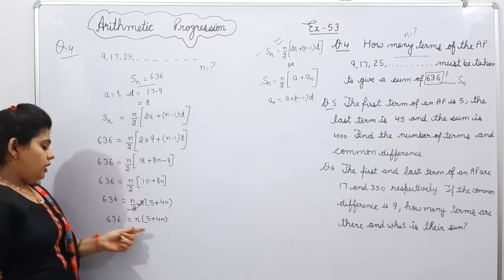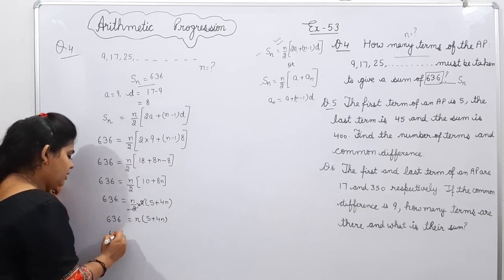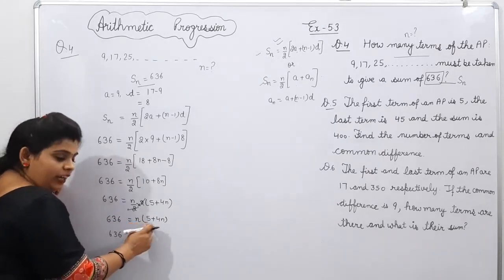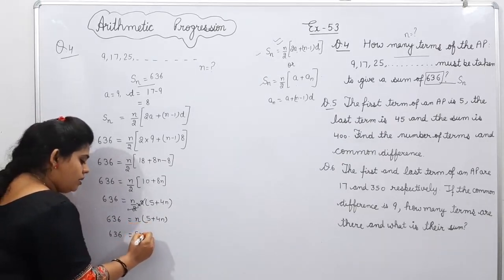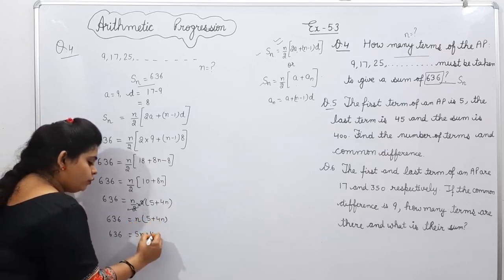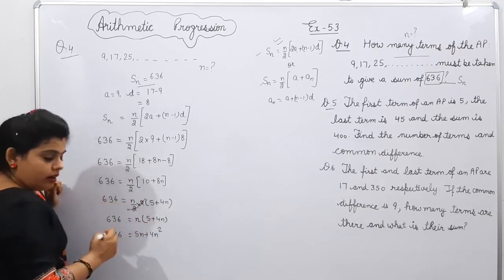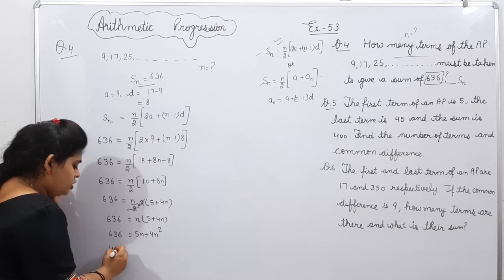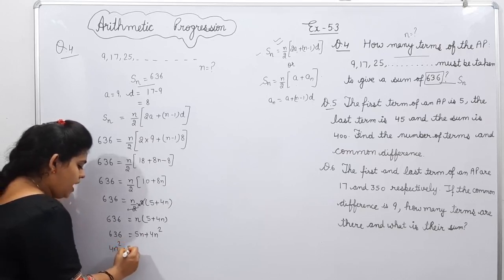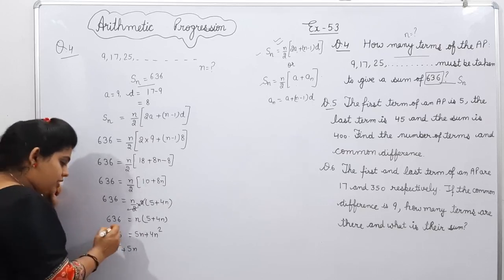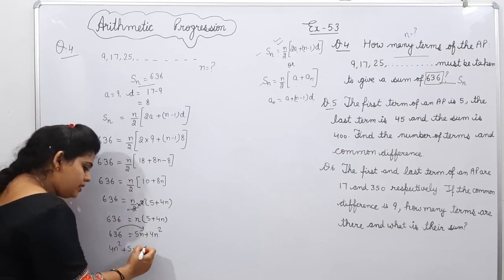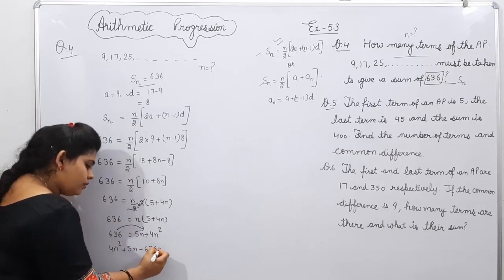Now we will solve this. 636 is equal to n into 5, 5n, plus n into 4n, 4n square. Now 4n square plus 5n, 636 will become minus, and it is equal to 0.